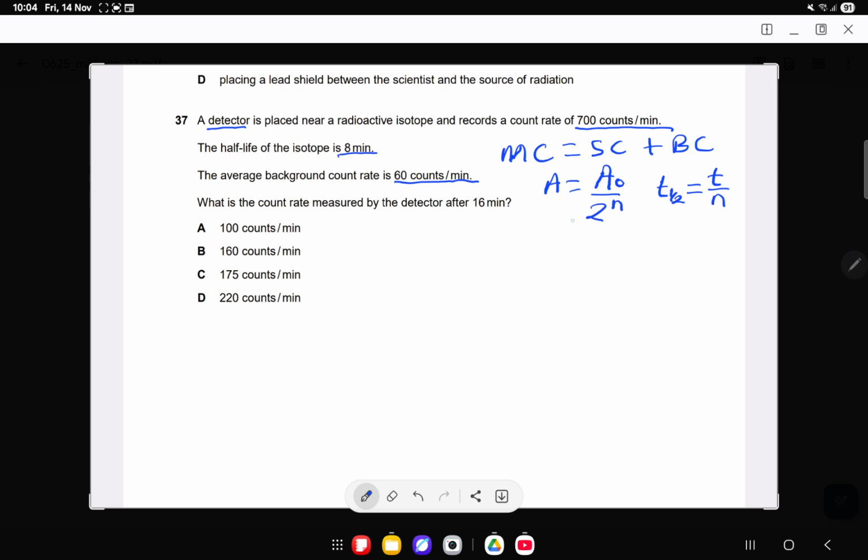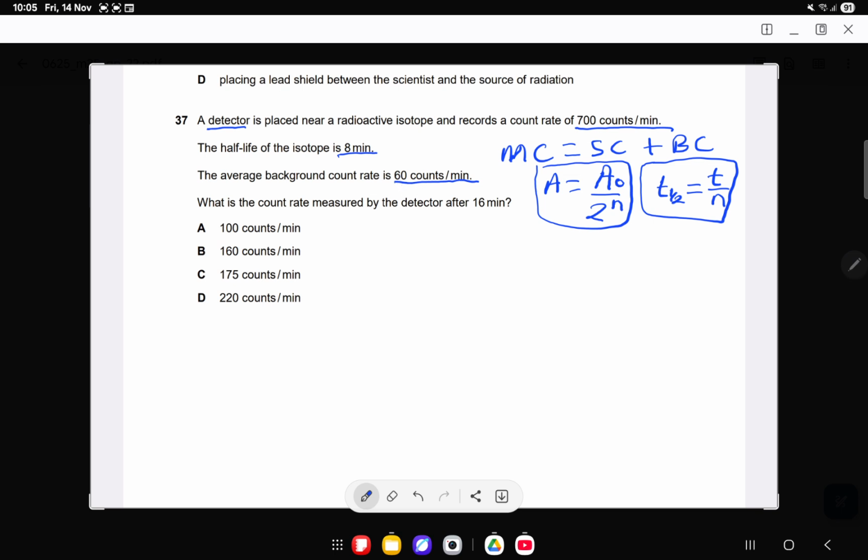Remember, these two equations are only used on the sample count rate. Let's take note of that. All right. From the question, we have been given the measured count rate and we have the background count rate.